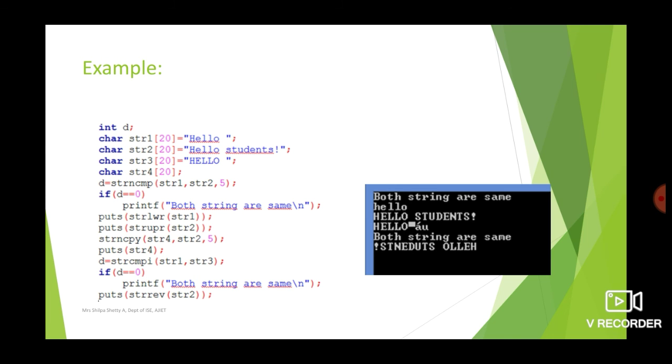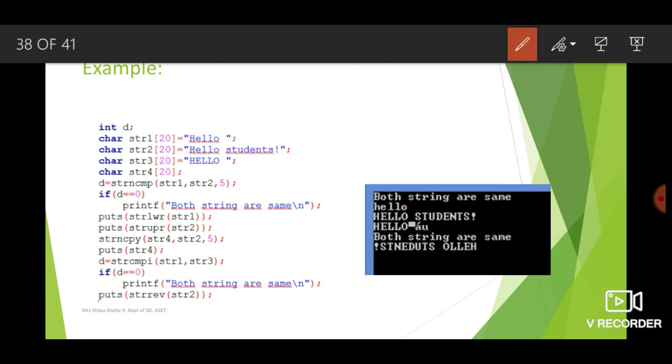Next, puts of strlwr of str1. So what do you do here? str1, which is hello, has H in uppercase. So if you try to print now, it will become lowercase. If you see this h here, it is in lowercase.